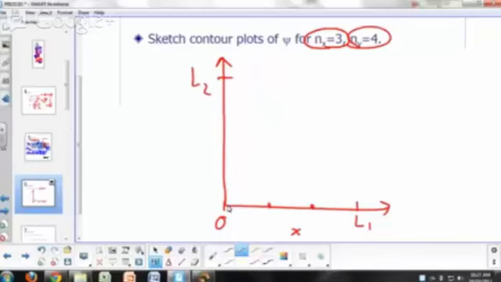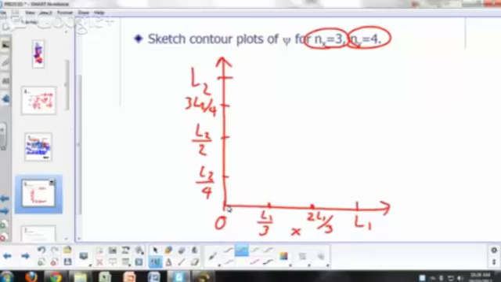How many nodes for n sub y equals 4? 3 nodes, so 1, 2, 3 nodes. So this is L1 over 3, and this is 2L1 over 3. This is L2 over 4, this is L2 over 2, and this is L2 over 4.